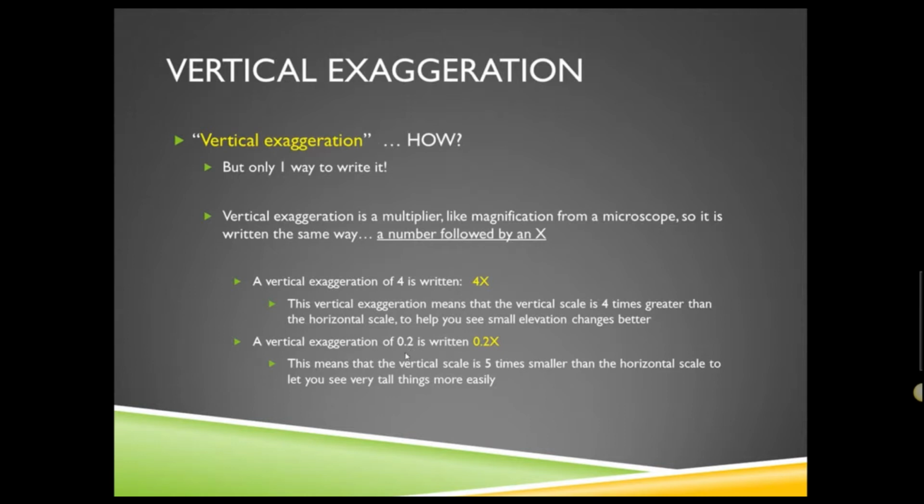If we have a vertical exaggeration that's compressing it, like 0.2, we would write 0.2x. That means that the vertical scale is 5 times smaller than the horizontal scale.